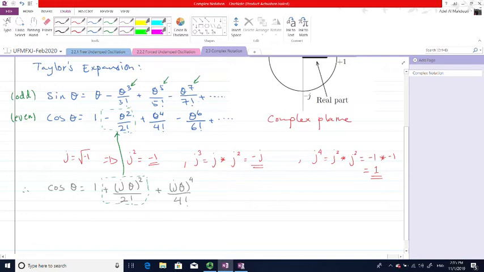Then if we are thinking about theta to the power 6, we have to plug in j to the power 6. j to the power 6 is j to the power 3 multiplied by j to the power 3, but j to the power 3 is nothing but minus j, multiplied by minus j, and that is going to be j squared.